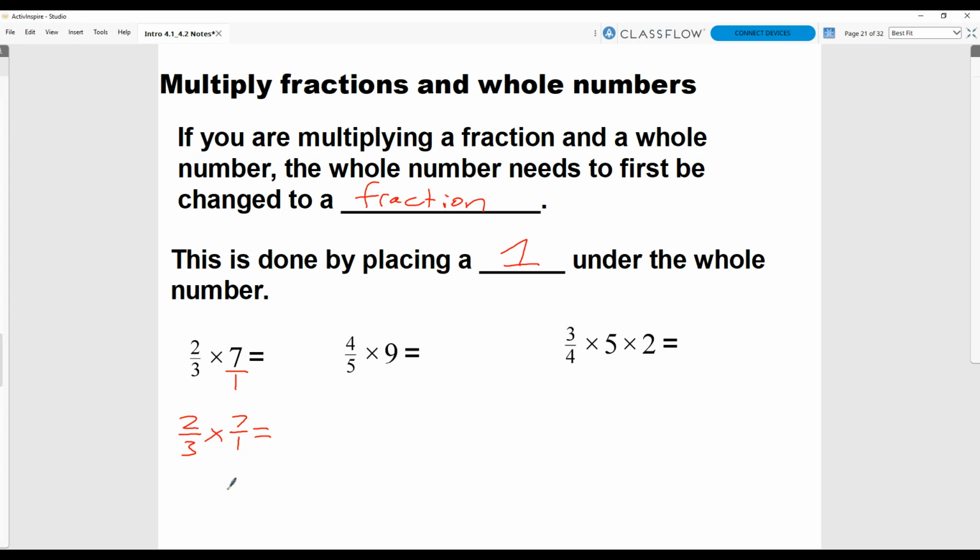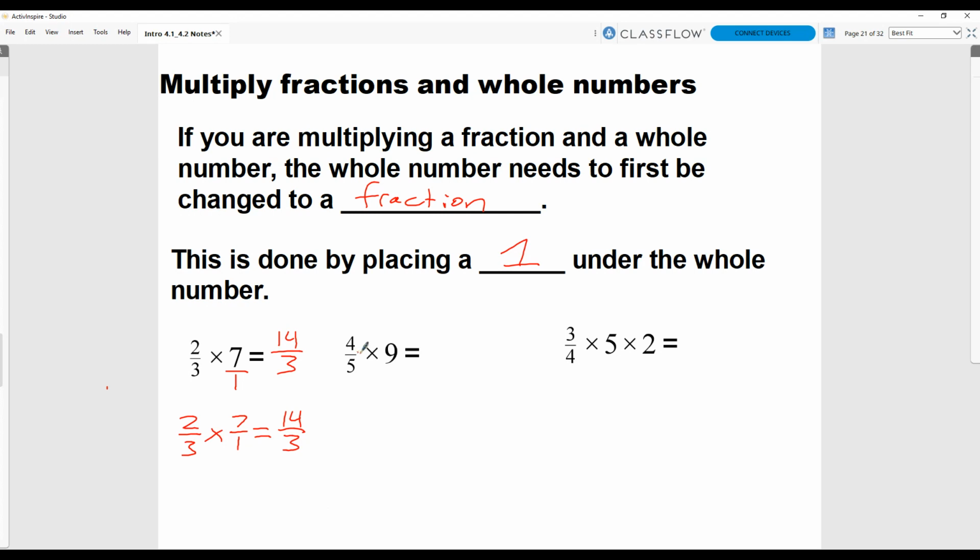We're going to do both of them. Okay, so if I multiply the numerators and denominators, I'm going to get 14 over top of 3. So I'm going to stick my answer right up here, 14 over 3. Okay, so that would be the answer I get. Multiply the top, multiply the bottom, and write down what you have.